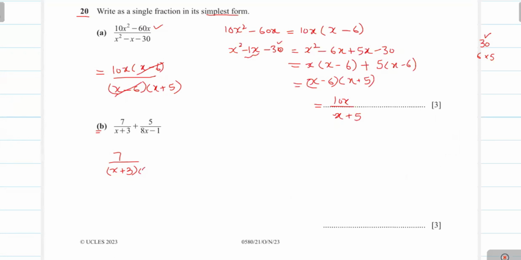Therefore, 56 plus 5 becomes 61x, plus 15 minus 7 is plus 8. And we write the denominator as it is. Now this fraction becomes 61x plus 8 over x plus 3 into 8x minus 1. And this is the final fraction in simplest form.